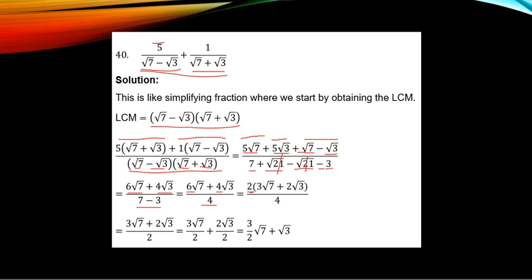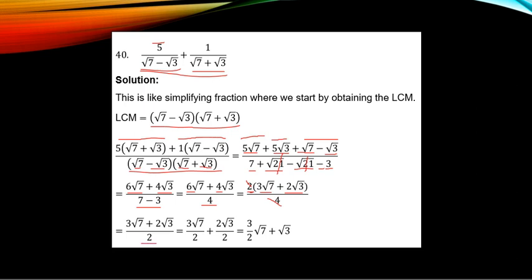You factor out 2 and you divide 6 root 7 by 2, you have 3 root 7. Divide 4 root 3 by 2, you have 2 root 3. Reduce 2 and 4, 2 is left in the denominator.